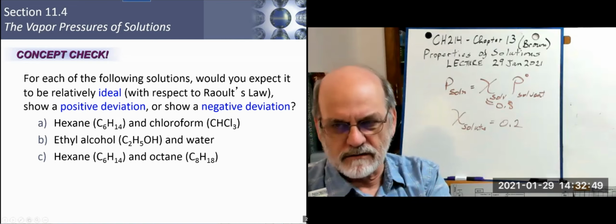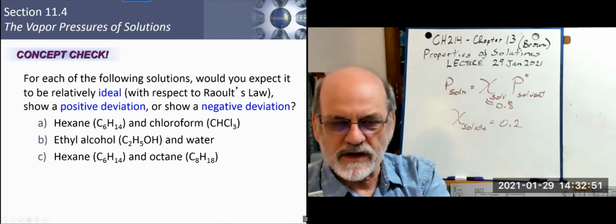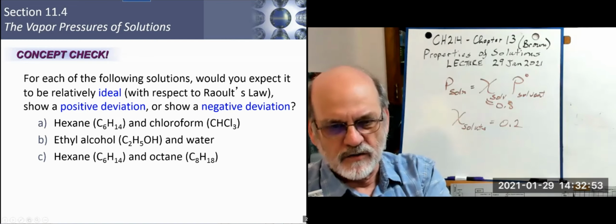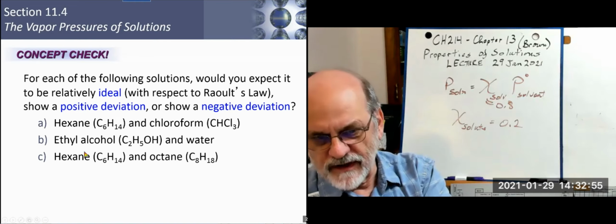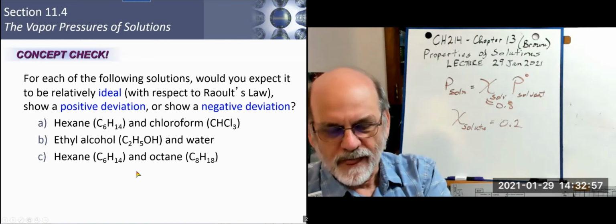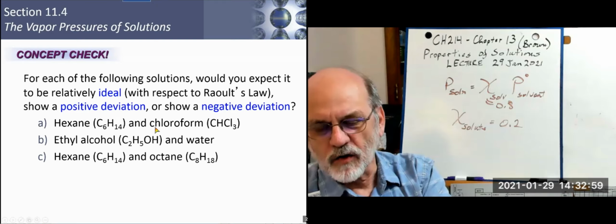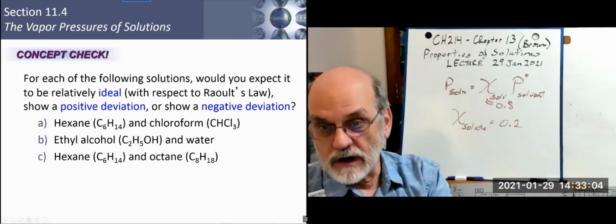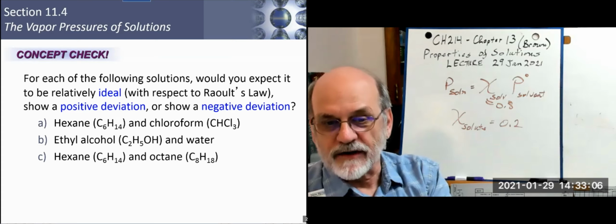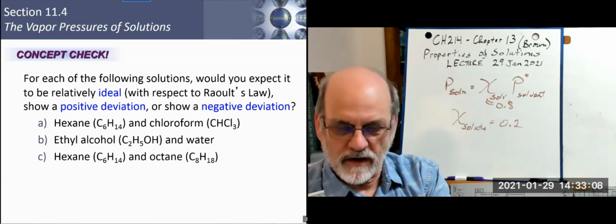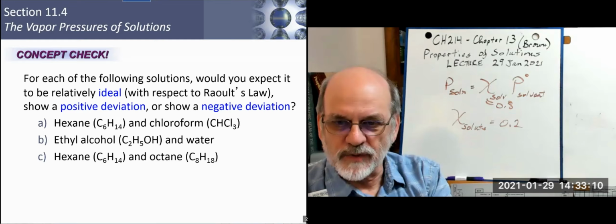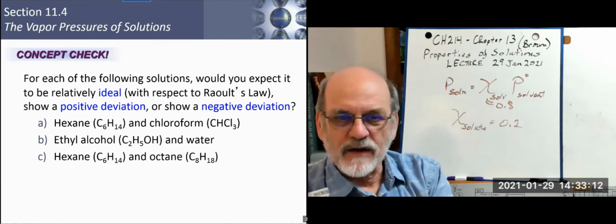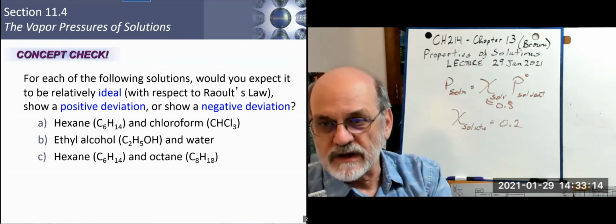That is, there's very low energy input, very ideal situation. It looks like C would be that one. Whereas hexane and chloroform would tend to be repelling one another. And ethanol and water would be attracting one another. So this attraction would be a negative deviation, A would be a positive deviation, and C would be ideal.